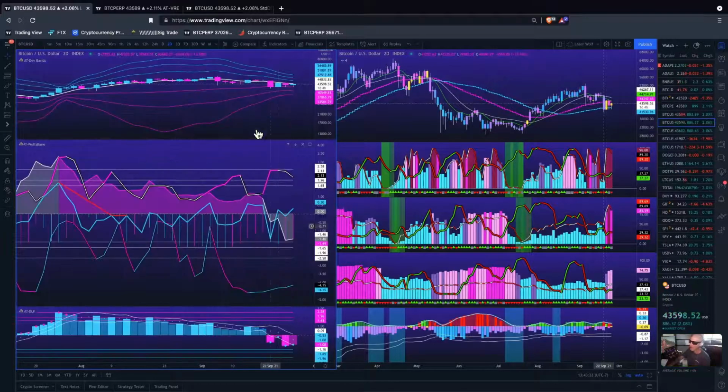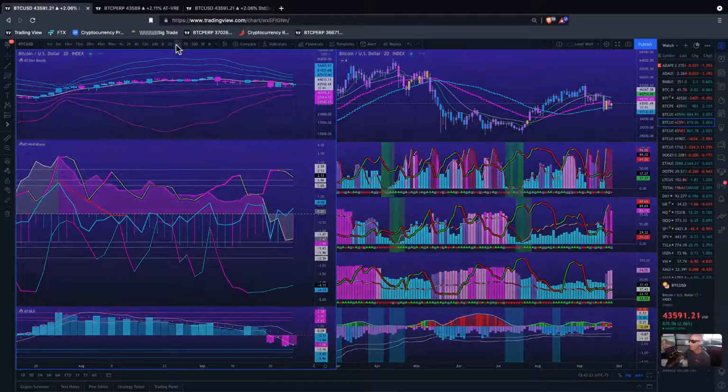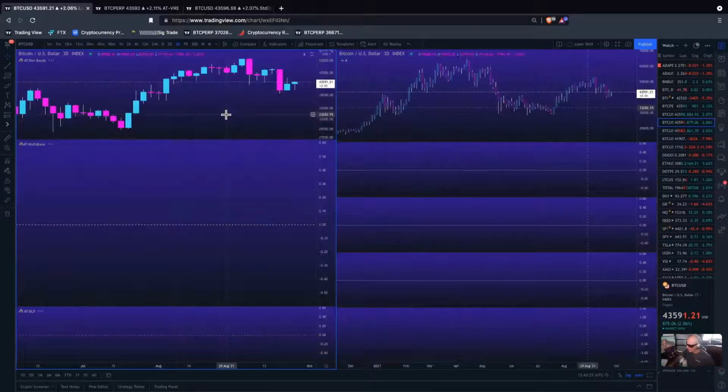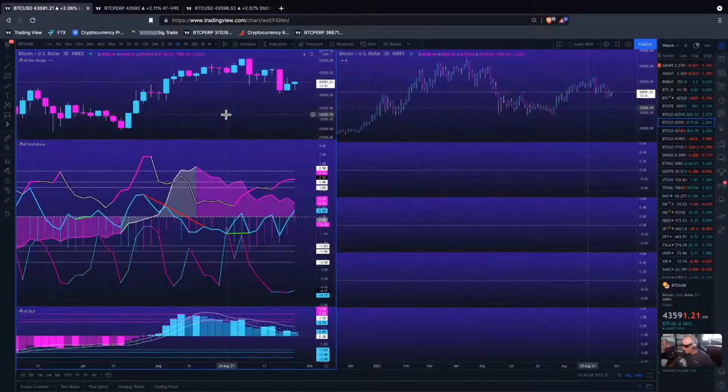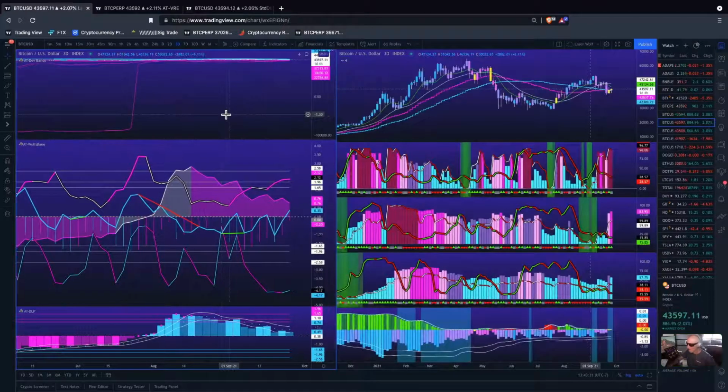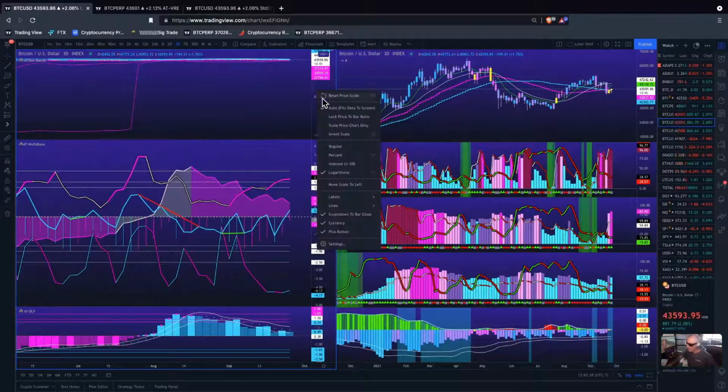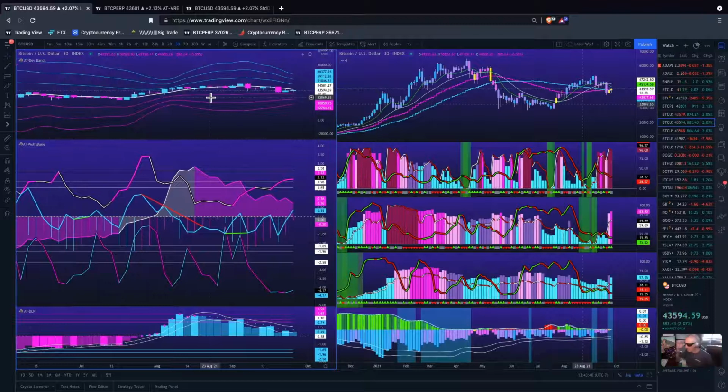Is it the 3-day today? Let's check that out and see what the 3-day chart is. So you've got one of the returns. Take this off log.